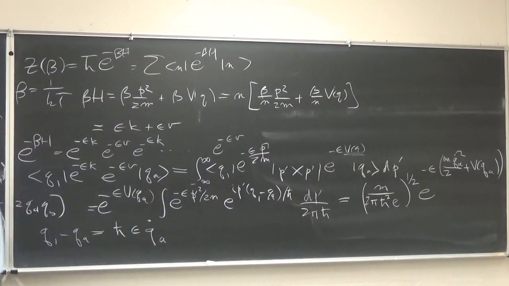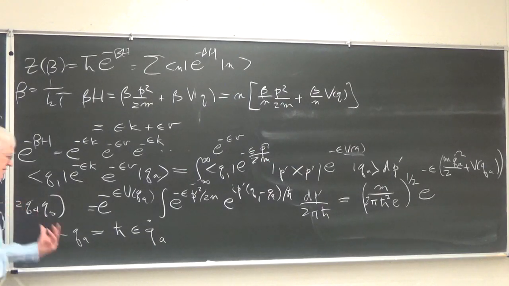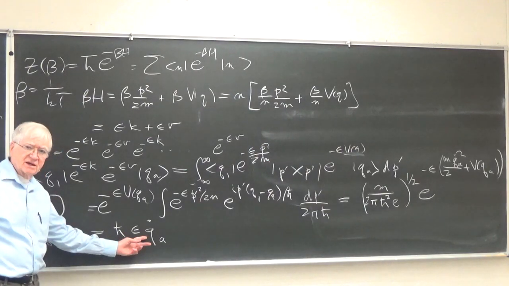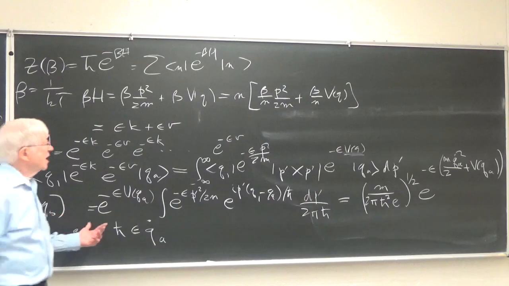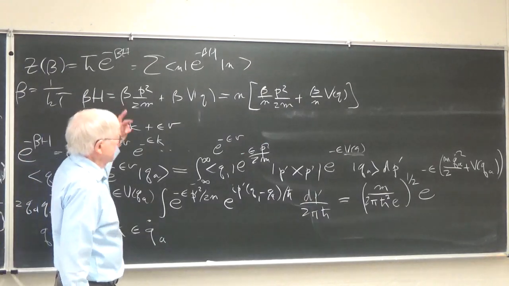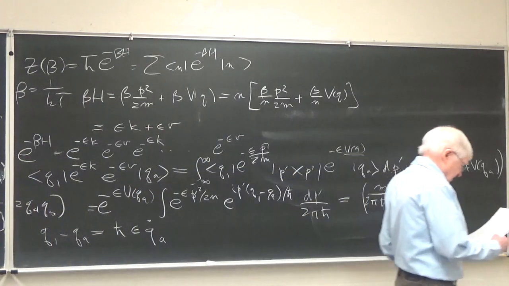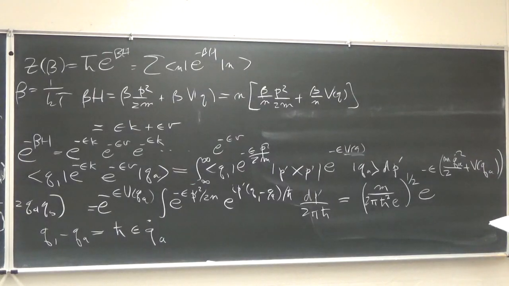So qa dot is essentially a derivative with respect to beta. So this is q1 at a given beta, qa at a different beta, because we're going to be effectively integrating over beta.